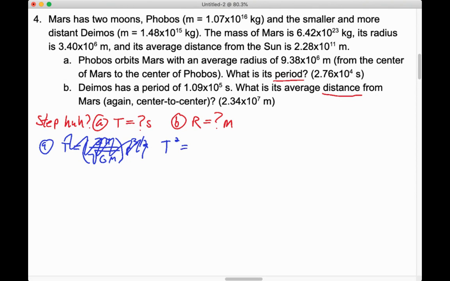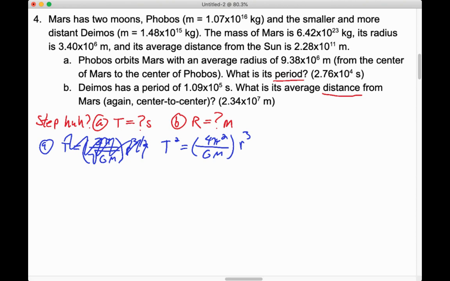T squared is equal to 4 pi squared over GM times r cubed. So this is no picnic either, but I do think this is easier to get into the calculator than the first version, the ugly version.